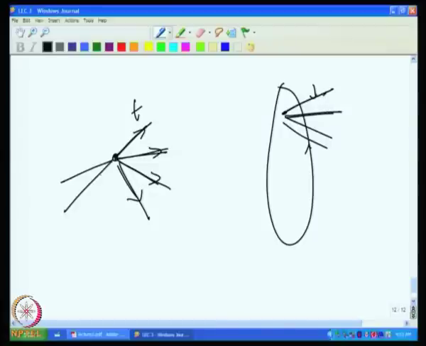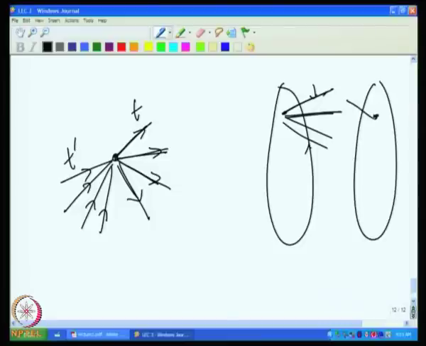Similarly, if there are some t' incoming edges to that vertex, the corresponding vertex here will have t' edges incident on it. So the degree of the vertices on the A side corresponds to the outgoing degree, we can call it out degree.